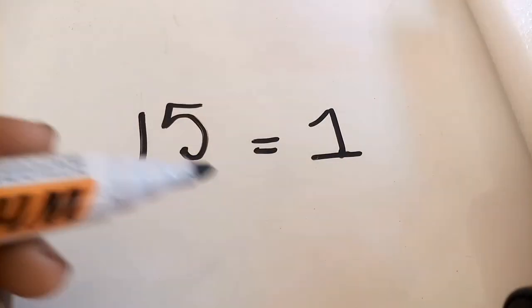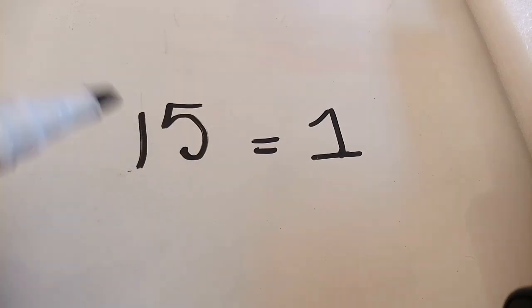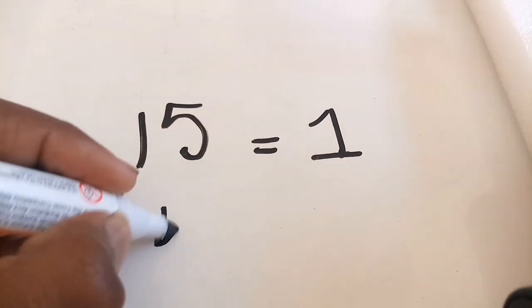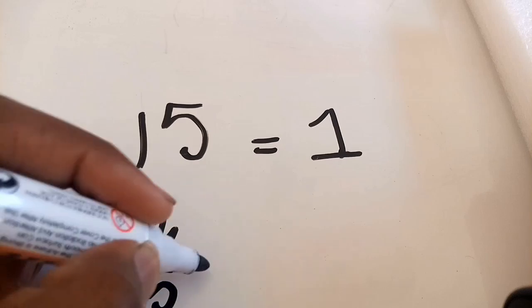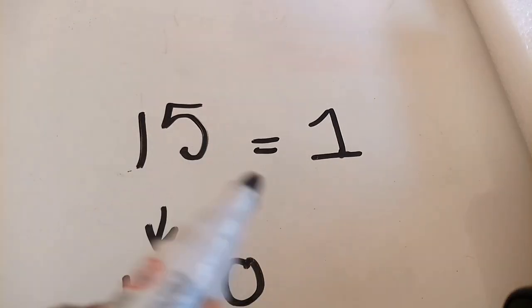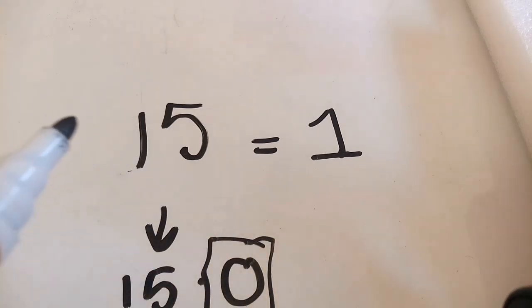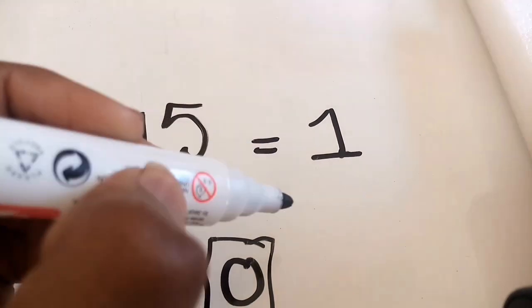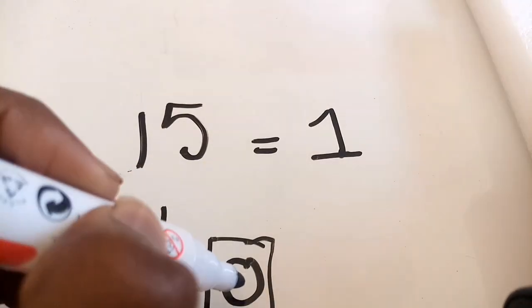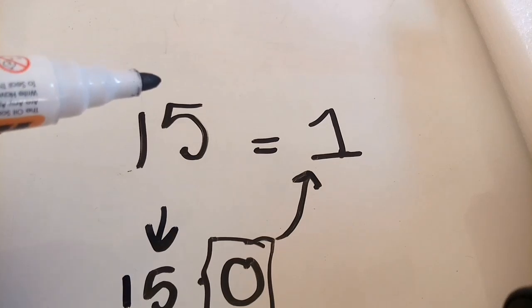How you find the least unit of measurement depends on the decimal places. So 15 is the same as 15.0. So 15.0 only has one decimal place, which is this 0. Since it only has one, which is 0, the least unit of measurement will be 1.